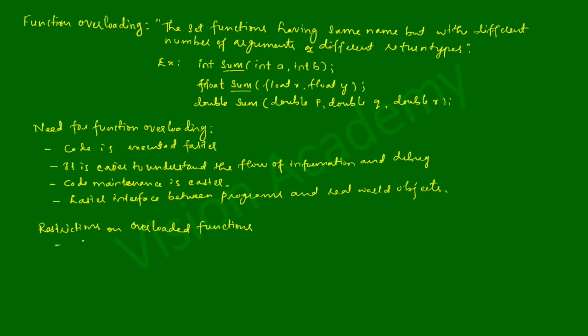Each function in a set of overloaded functions must have different argument list. I'm going to write the same. In a set of overloaded functions, must have different argument list.